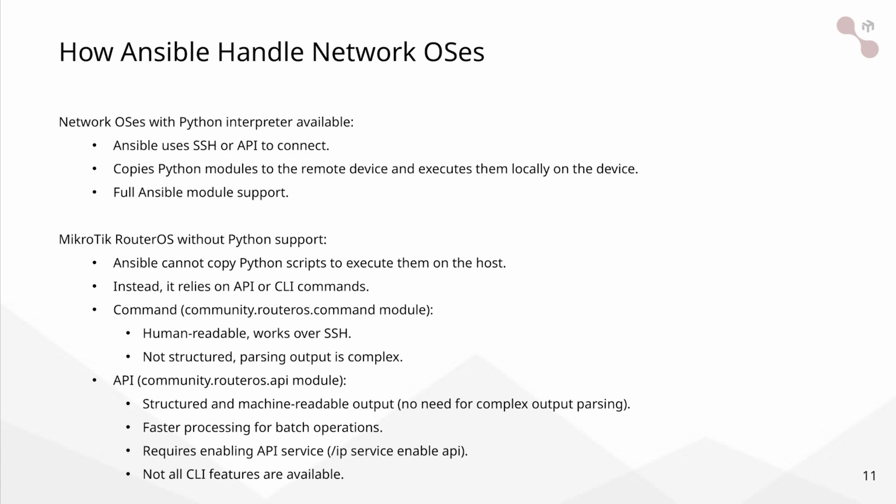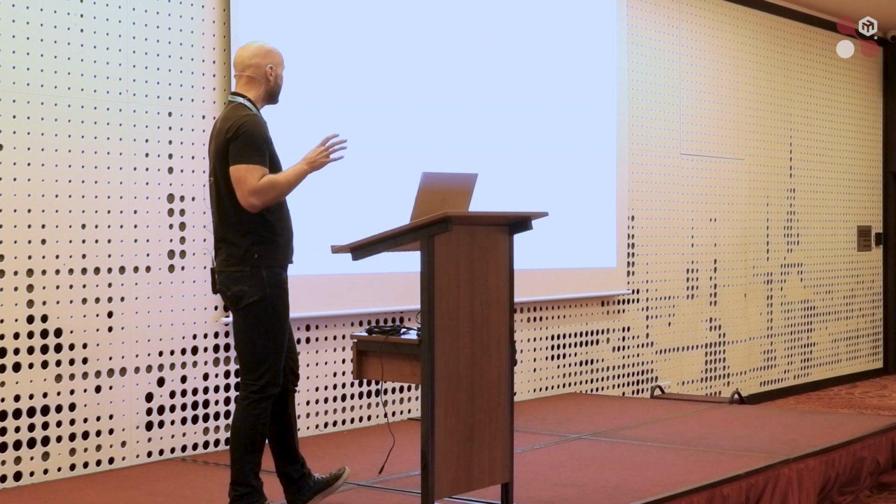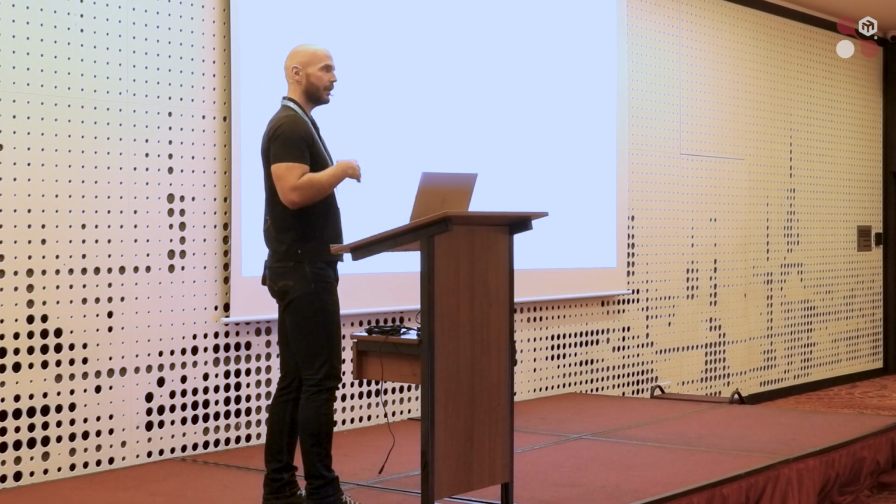Then there is another module, the API module, and that's perfect for machine processing. Another benefit is that it's faster for batch operations. But there is one drawback: it's not available for all CLI features. But they are kind of complementing. So far we were able to do anything we wanted using both of these modules.